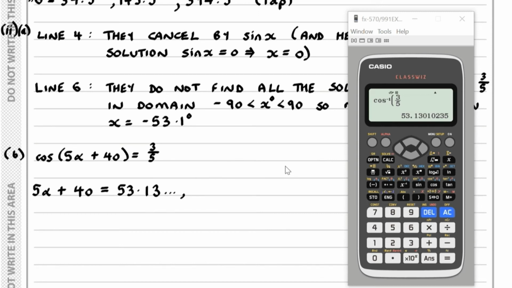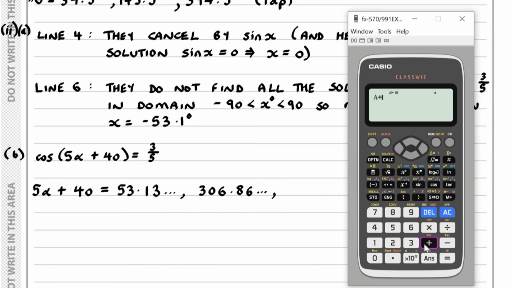The next solution, well, let's just store this into A. The next solution will be 360 minus this, which is 306.86, etc. Let's store this into B. The next solution will be this value, the 53.1, etc. plus 360.